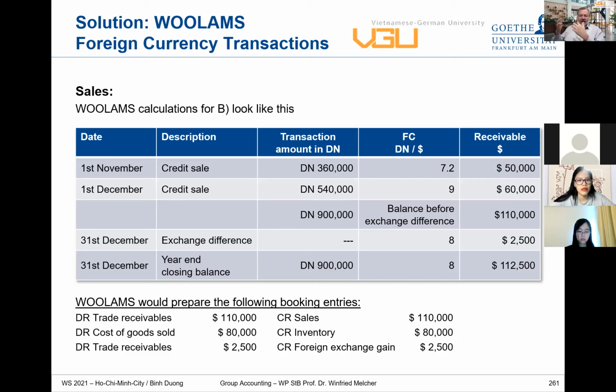But we don't get 110 profit from the customer because we lose something, right? We have to sell our inventory, which we had before, and that inventory was valued at 80,000. So we would credit inventory because that is decreasing our asset inventory.